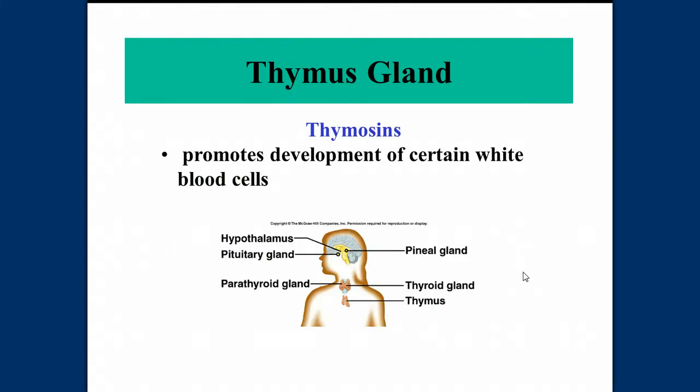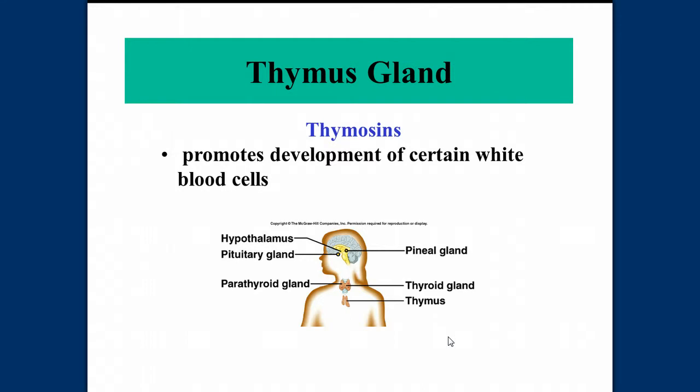The thymus gland produces thymosins. Thymosins promote development of certain white blood cells. It affects the production and differentiation of certain white blood cells, mainly lymphocytes, which you will learn more about shortly.